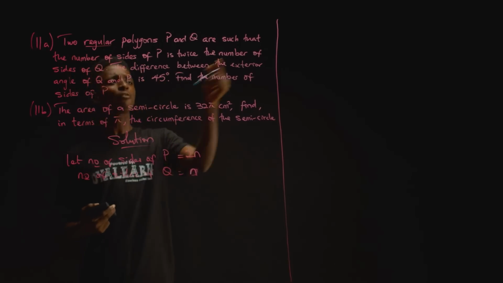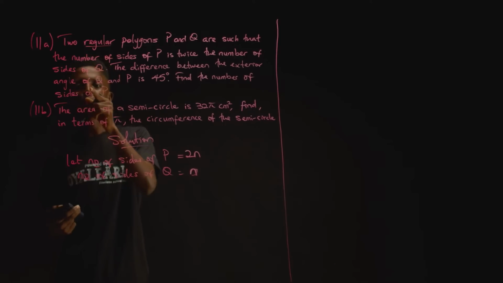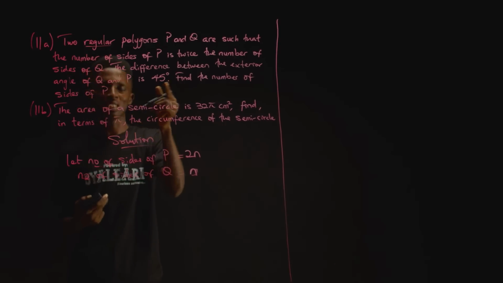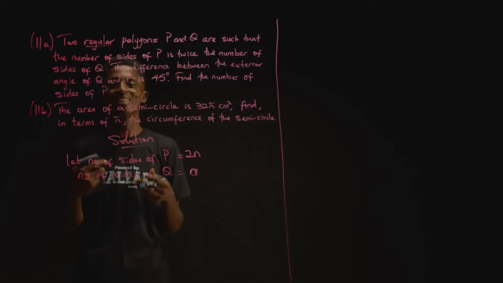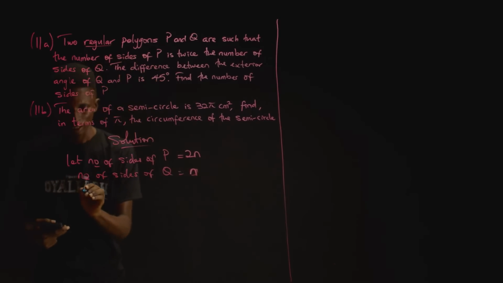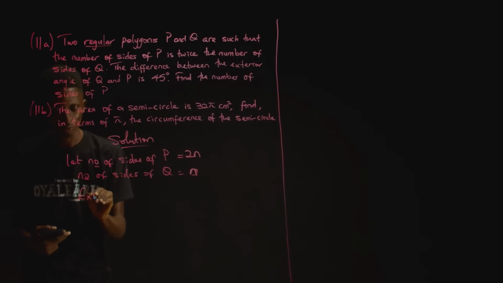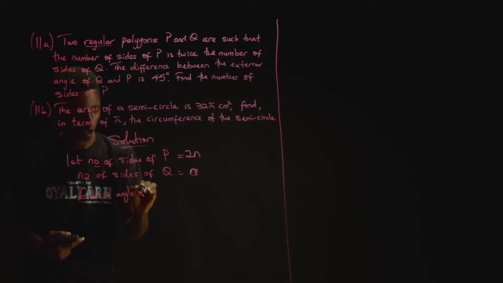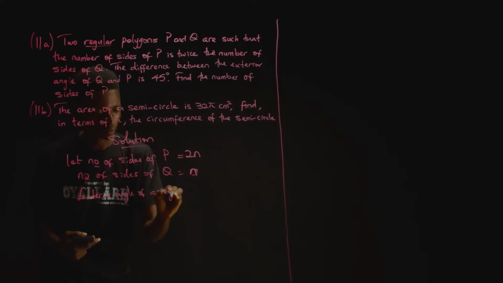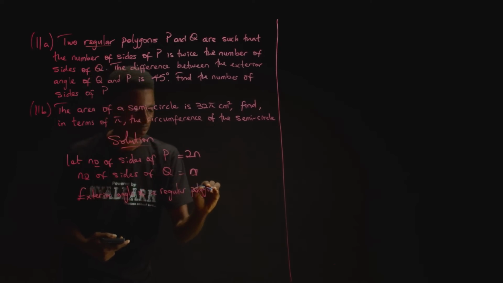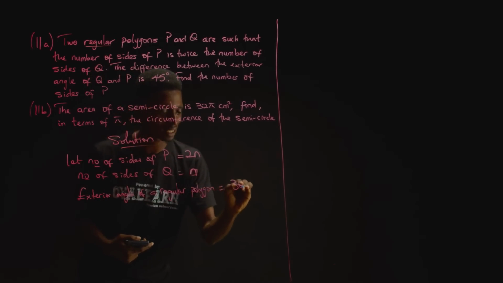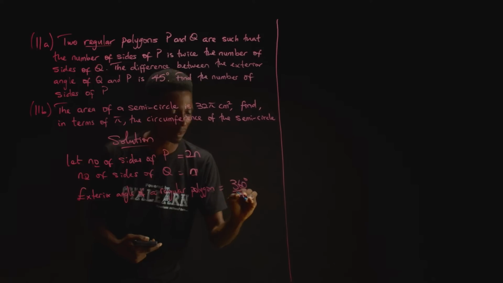We are told that the difference between the exterior angles of Q and P is 45. Now, how do we find the exterior angle of a regular polygon? The exterior angle of a regular polygon is 360 degrees divided by the number of sides.